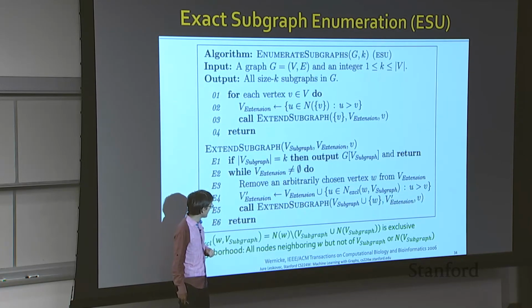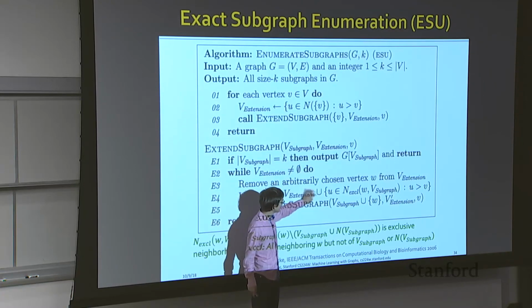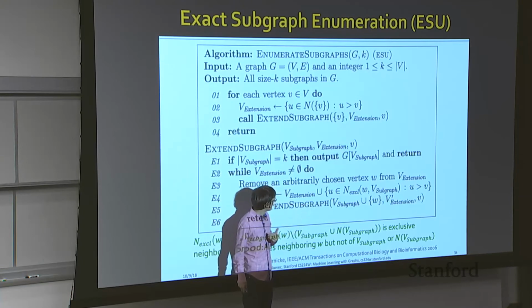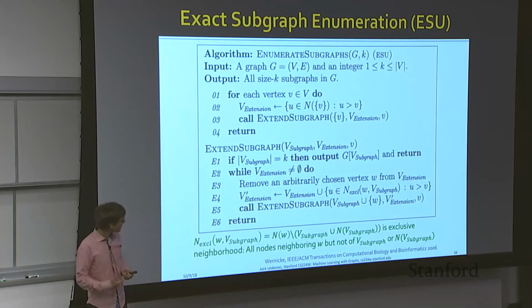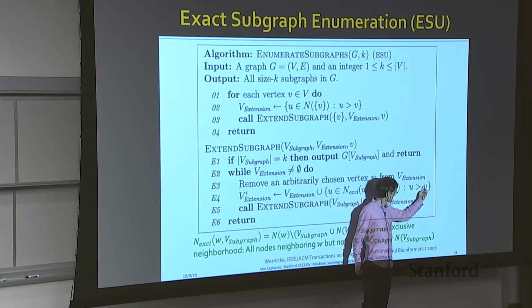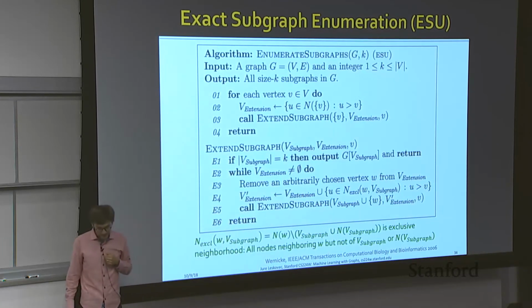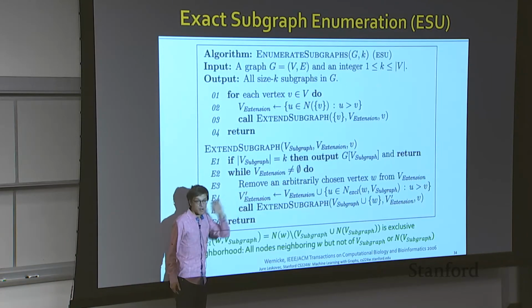And all we have to be careful about is how this extension set is maintained and how we extend it. And the important rule here is that the node IDs of the nodes that we add into the extension set can only be bigger than the node IDs of the nodes from which we started building the graph. So this is how much I'm going to say about this pseudocode.